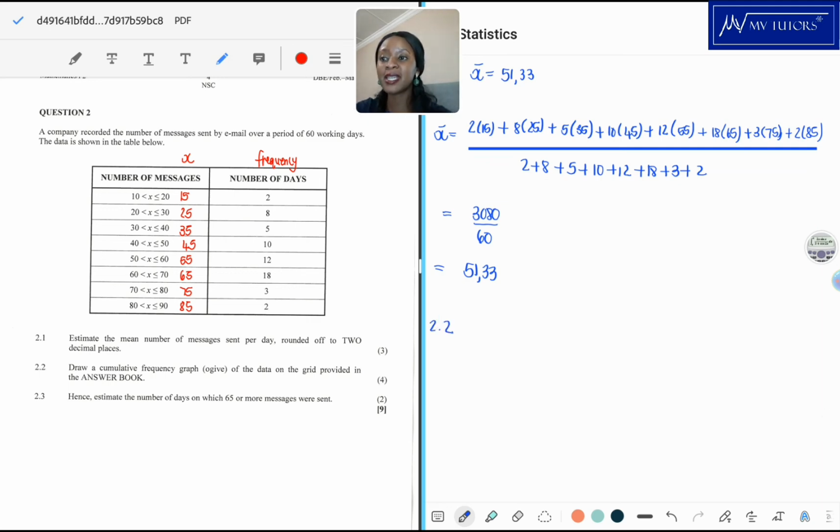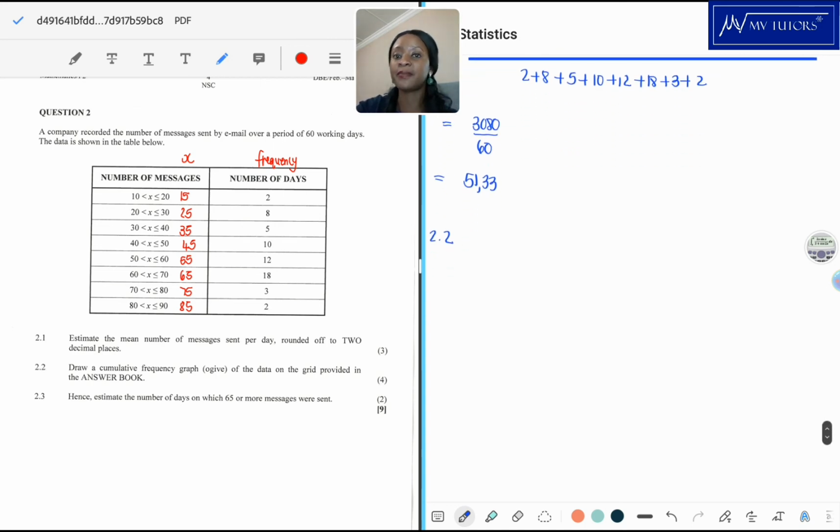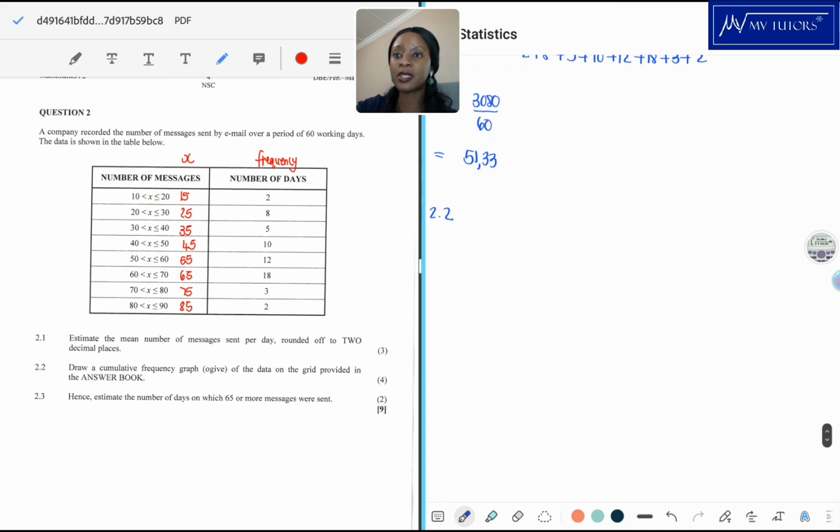Now it says draw a cumulative frequency graph or an ogive of the data on the grid provided in the answer book. We don't have a grid here, so I'm just going to try and do it. How would you plot this graph exactly? I'm going to put the information in a table.